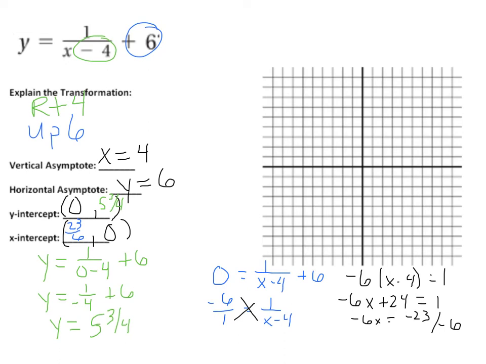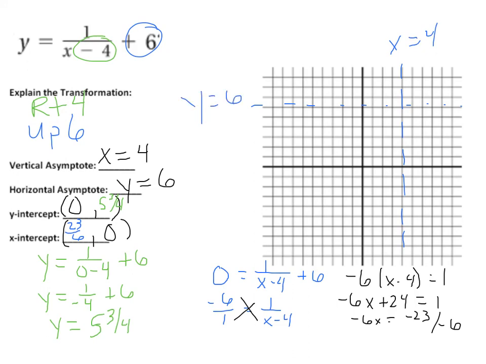So now I'm going to graph all of these. So x is a positive 4. That's a vertical line up and down. And I have a horizontal asymptote at 6. And I'm going to make sure to label those. x equals 4, y equals 6.